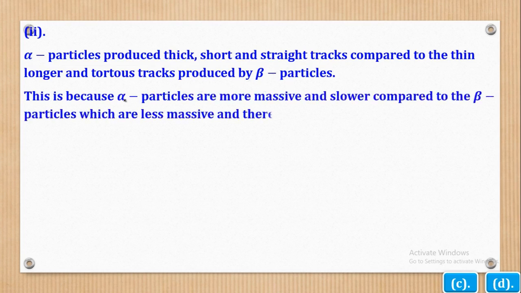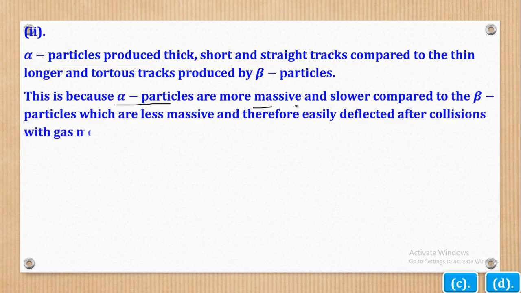The reason is that alpha particles are more massive and slower compared to beta particles, which are less massive and therefore easily deflected after collision with gas molecules. So that was part C. Now we shall go to part D.